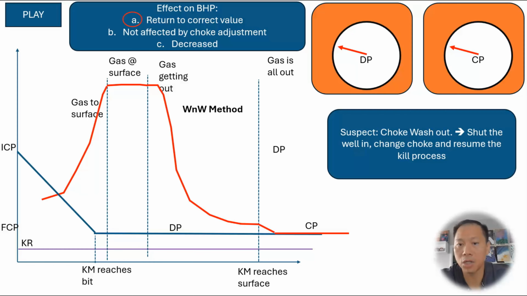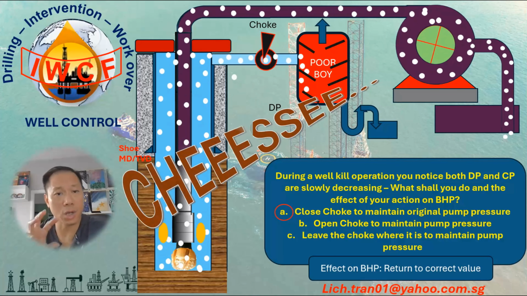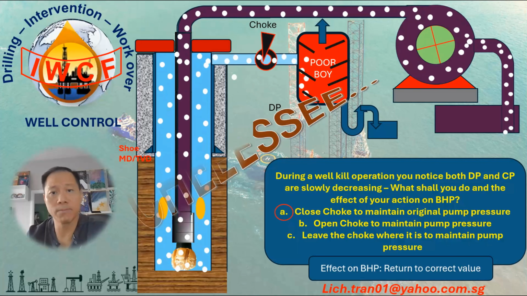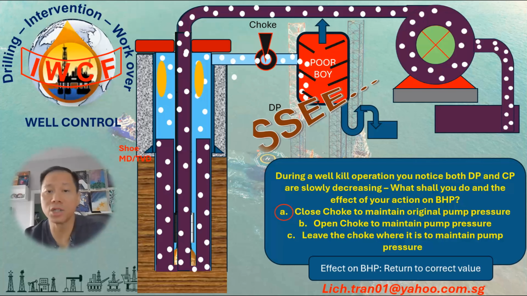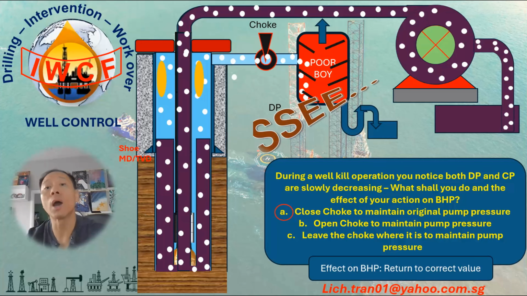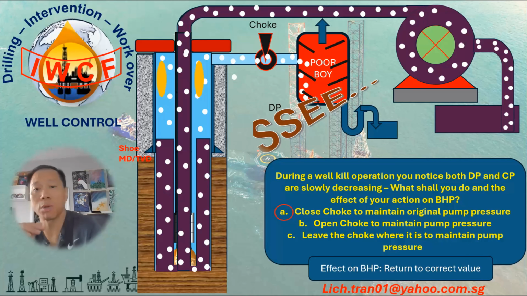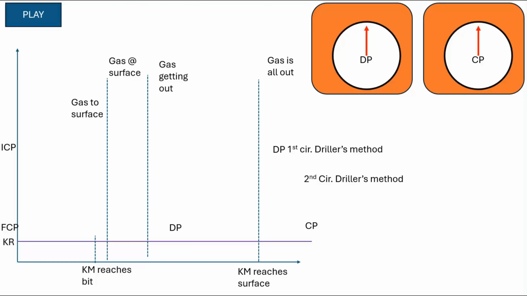But by nature, by the basics, it's very easy. You just close the choke in, then you are safe. And then, if you suspect the choke is washing out, just shut the well in, change the choke, and then resume your kill operation. And the effect of your action is either you bring the bottom pressure back to the correct value, or you add a little bit of pressure into the well to increase the bottom pressure a little bit and maintain the overbalanced state.